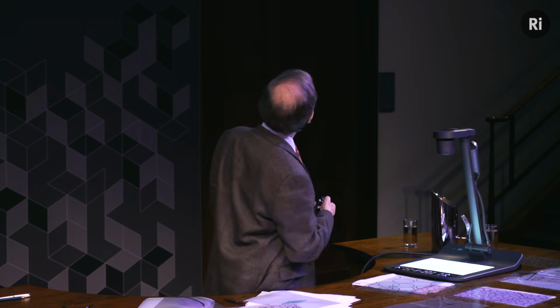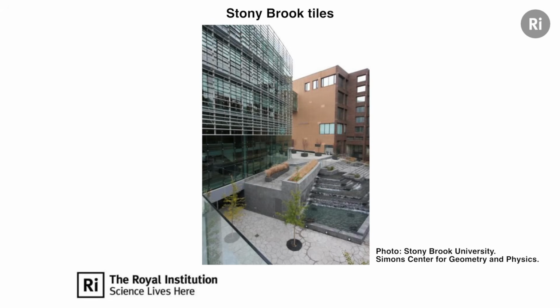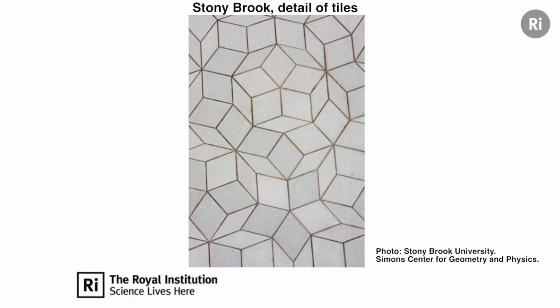Okay, let's move on. This is in Stony Brook. The Simons Center, I think it's called. It's an institute. And on the ground, you'll see here, I'm going to go here first. Here we have the straightforward rhombuses. No adornments, just rhombuses. And here we have a view.